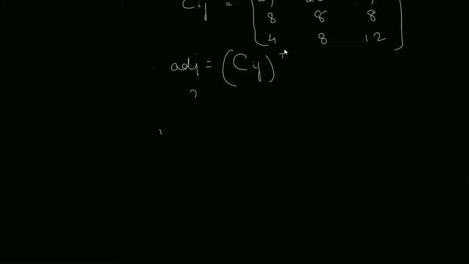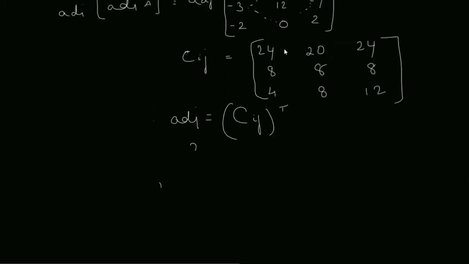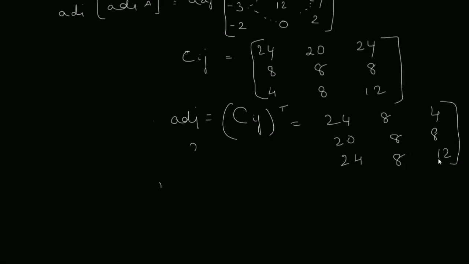The first column becomes the first row: 24, then second column 28 8, third column 24 8 12. So this is the adjoint of the matrix.